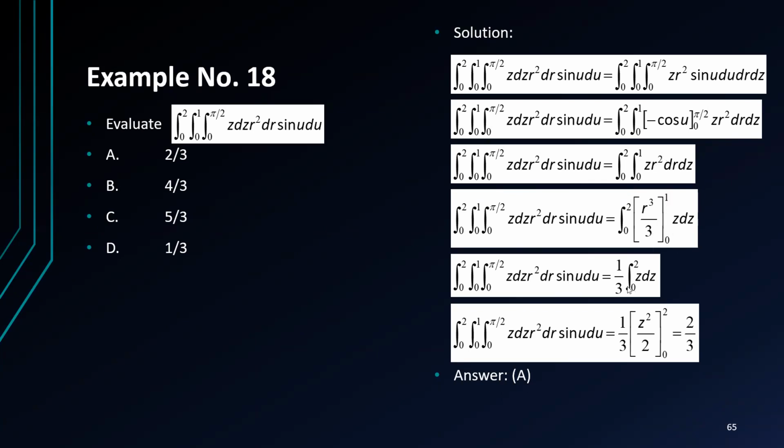It becomes 1/3. So 1/3 goes outside, the integral of z dz from 0 to 2. Simple. So what comes out is 2/3. Letter A. Okay, that's the triple integral, the method of solving it.